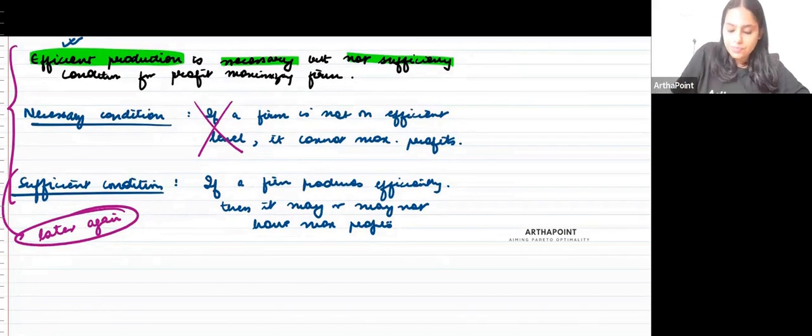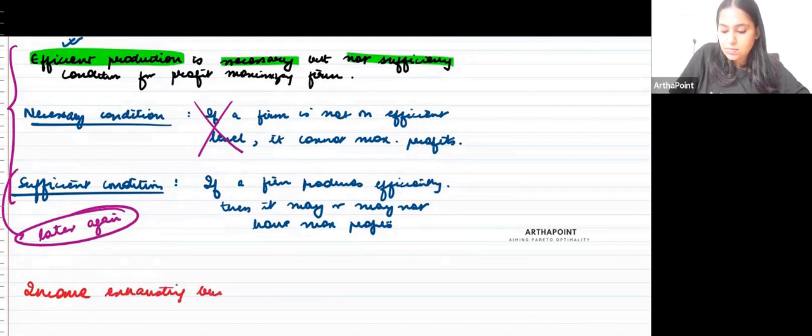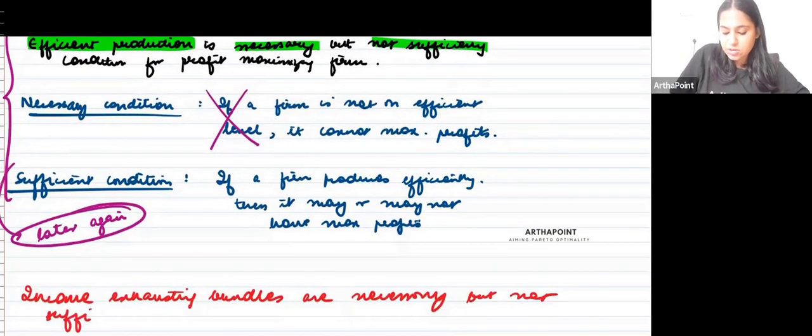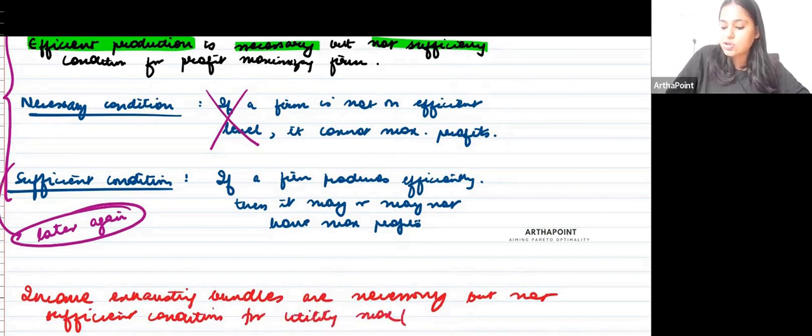Suppose I tell you that income exhausting bundles are a necessary but not sufficient condition for utility maximization of normal goods, good goods.